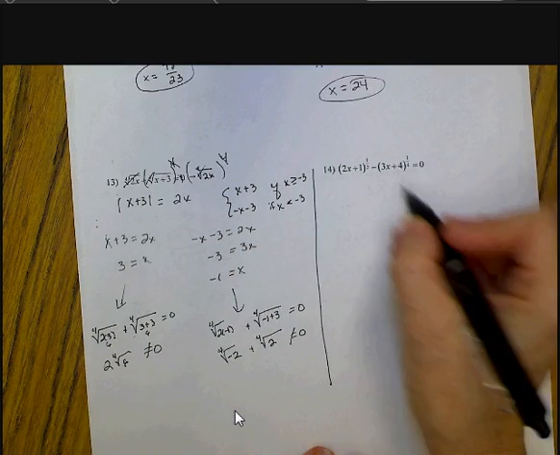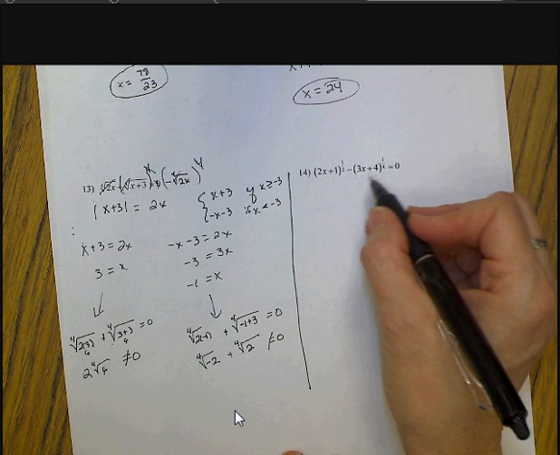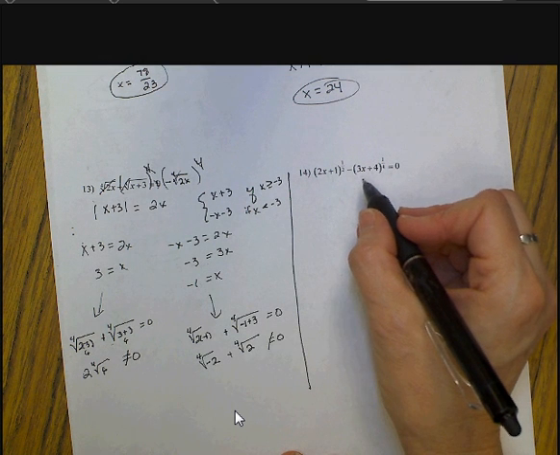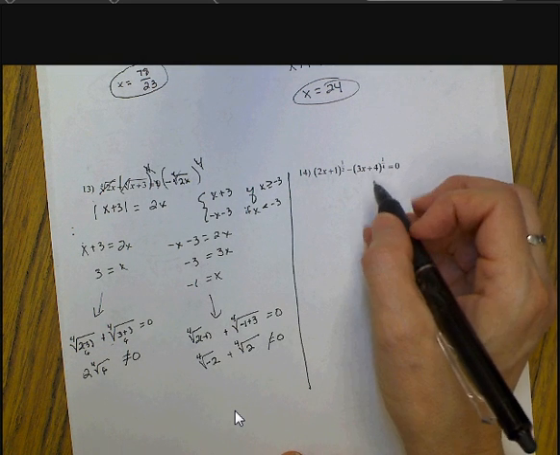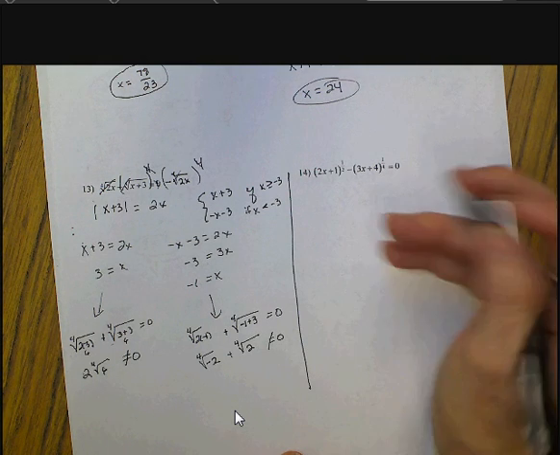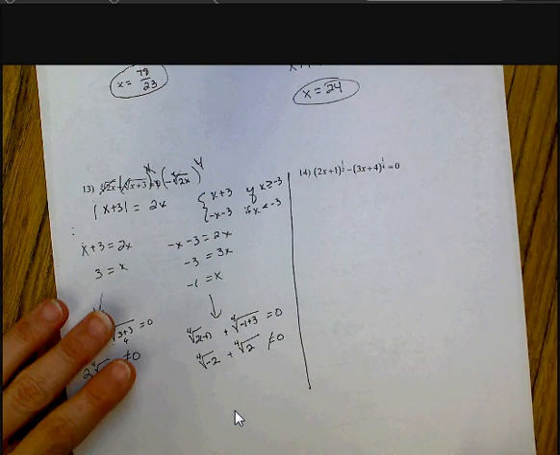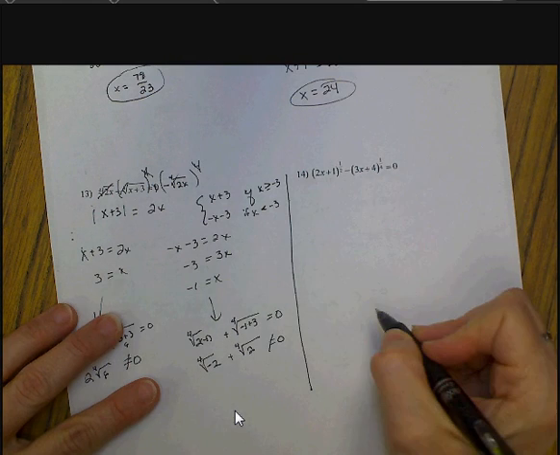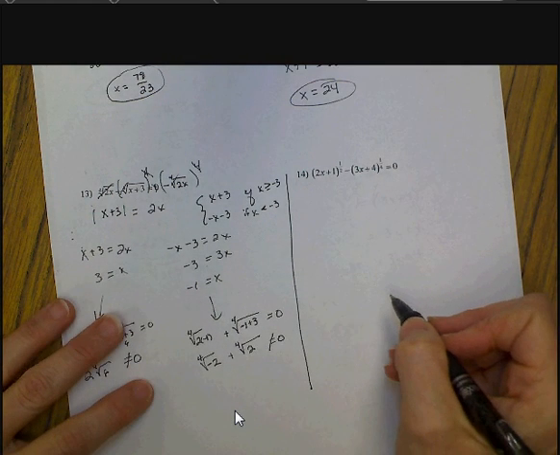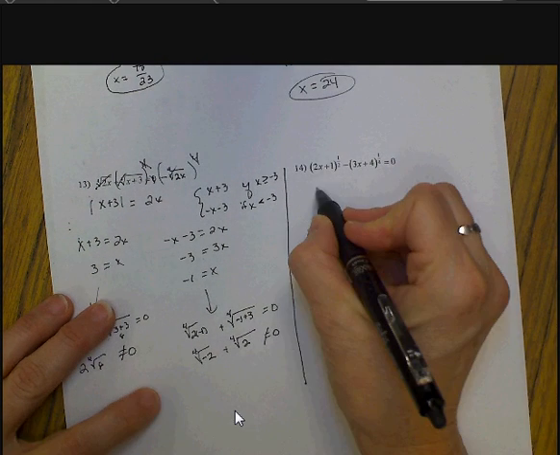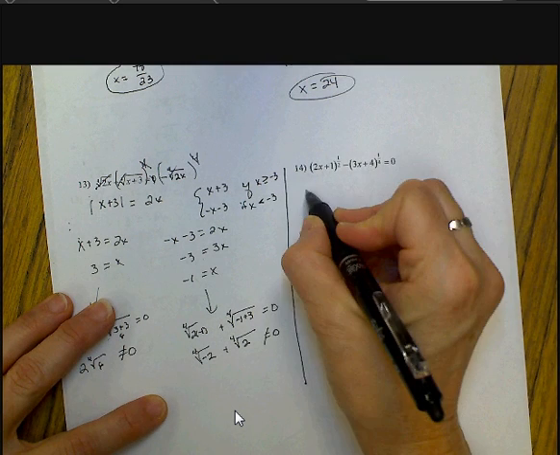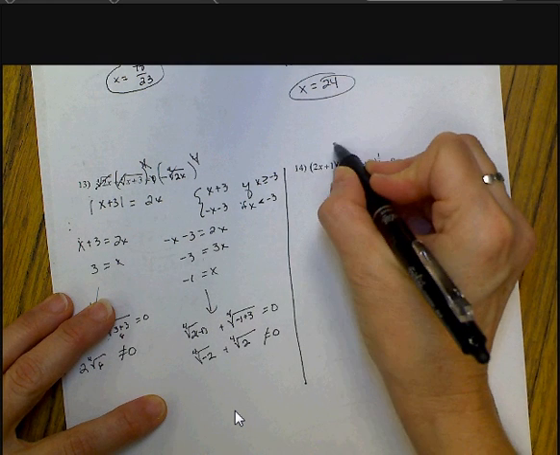Last problem. This time we've got different fractions. They are not both halves or both fourths. The easiest thing to do with this is to find a common denominator. It's kind of like when we were putting them all underneath one radical. So I'm going to rewrite that to be 2 fourths.